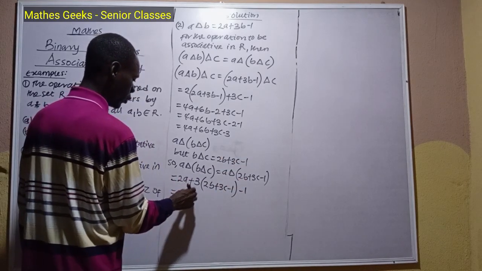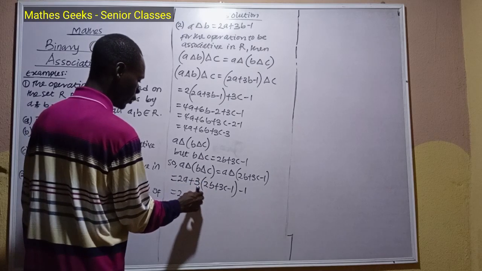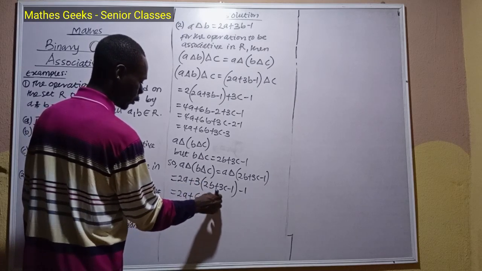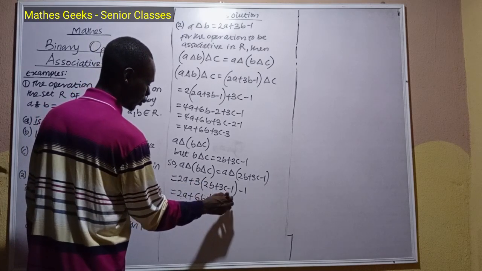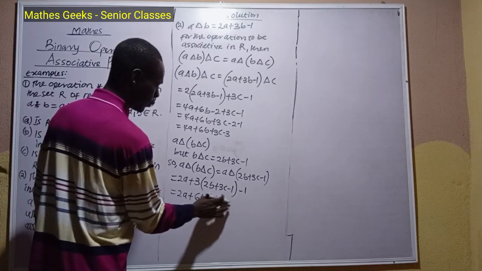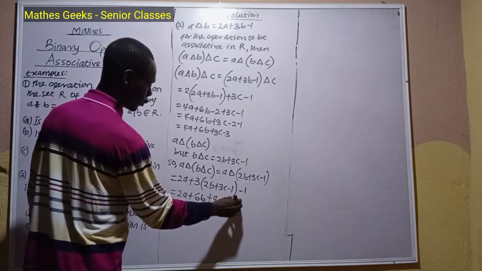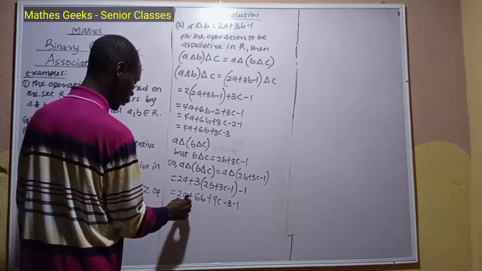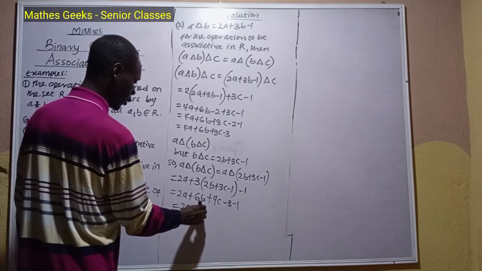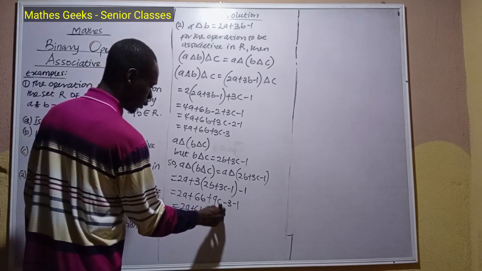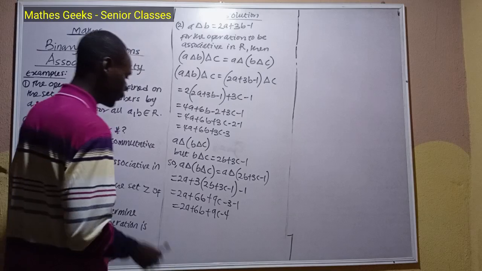So 2A plus 6B plus 9C minus 3 minus 1, which is 2A plus 6B plus 9C minus 4.